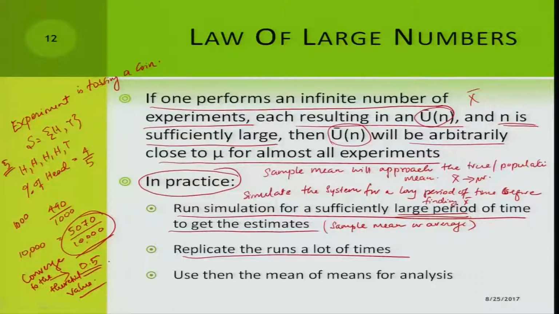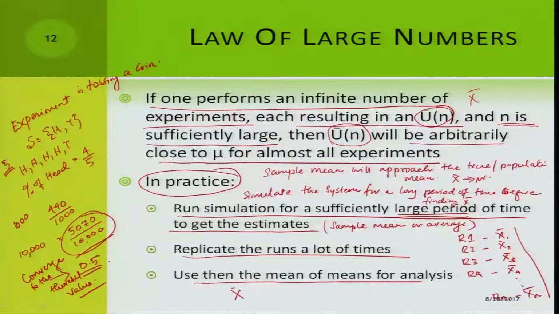So your first run, run 1, you have an x1 bar, run 2 you have an x2 bar, run 3 you have an x3 bar, run 4 you have an x4 bar, like this. Okay, you will continue. So you replicate these runs many times, until the nth run you have an xn bar. Then you can use all these x bars to calculate the mean of means.